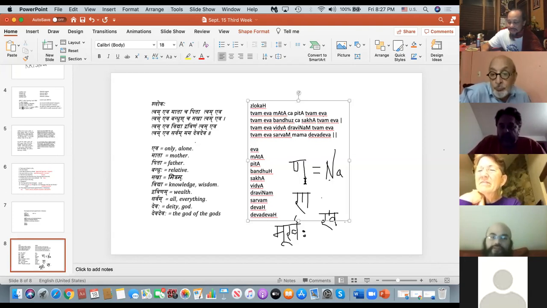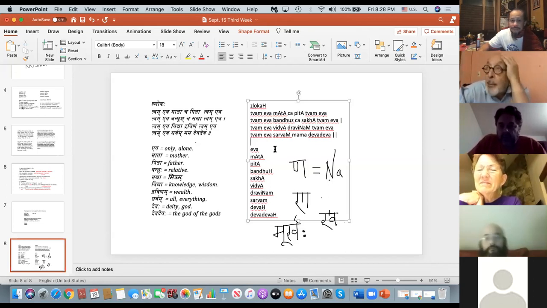Professor, when you write it with sandhi included, is tvameva one word? Yeah. And then bandhushcha, can you put it together? Yes, you can put them together, but in Western schools they prefer to keep them separate, not only for learning.